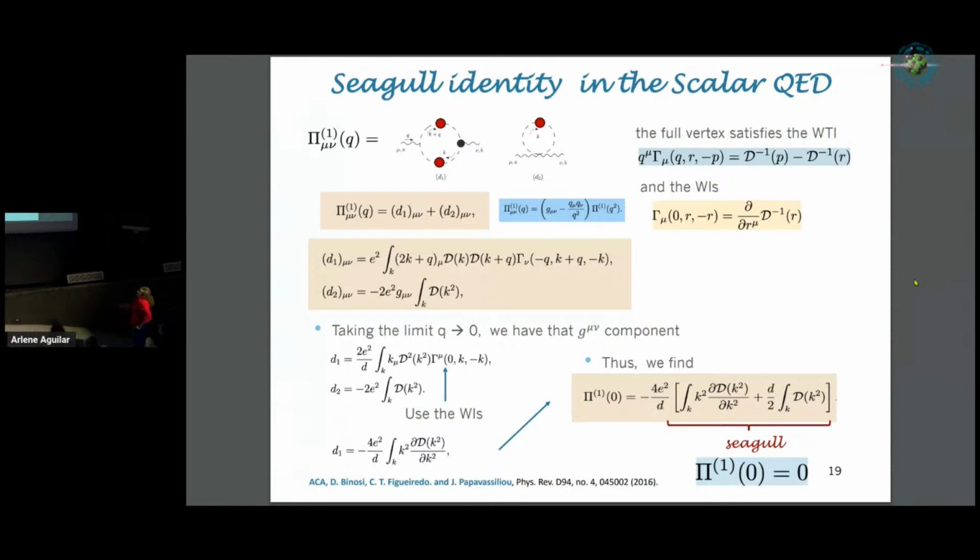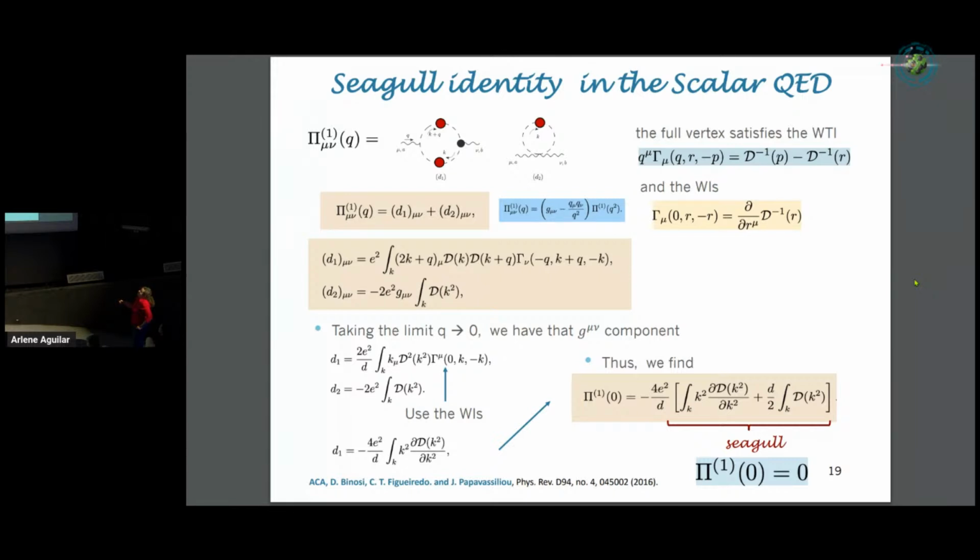So here you have the one-loop diagrams that enter the vacuum polarization of scalar QED. This photon-scalar vertex satisfies this Ward-Takahashi identity here.